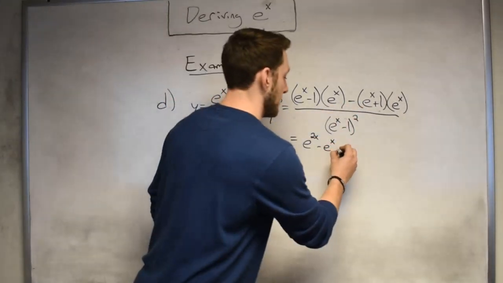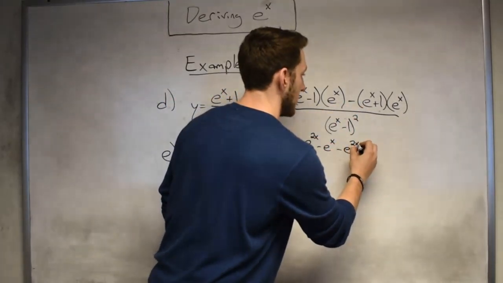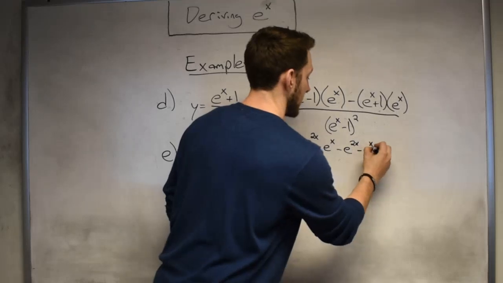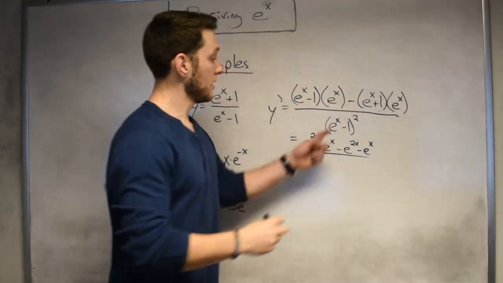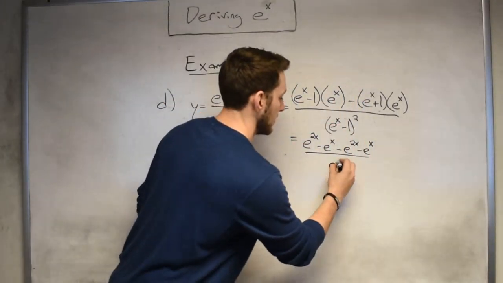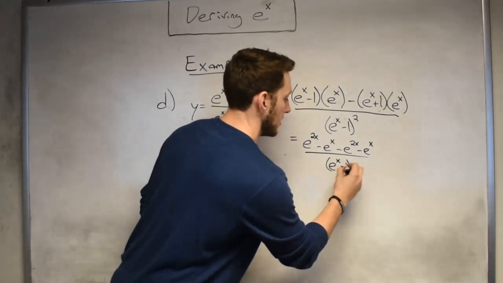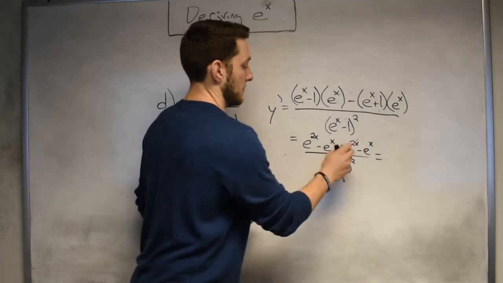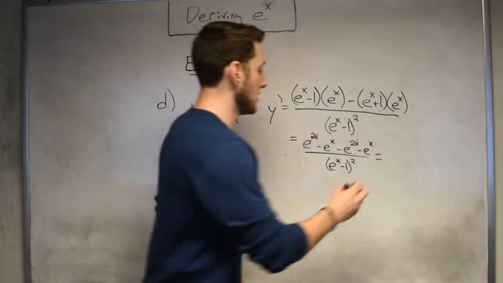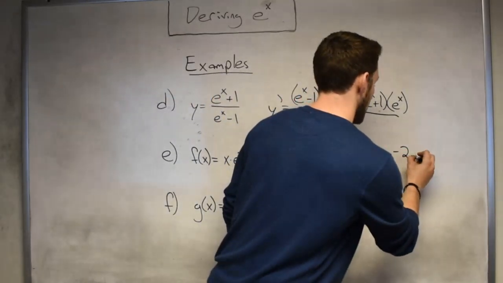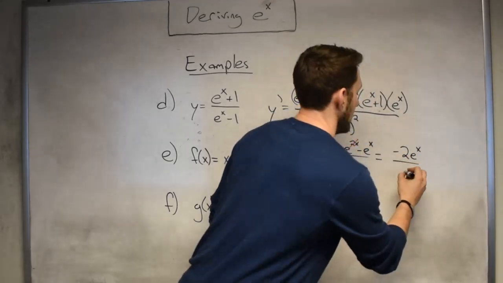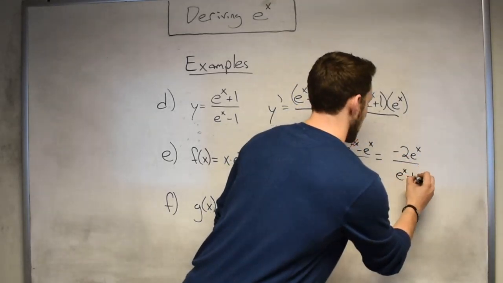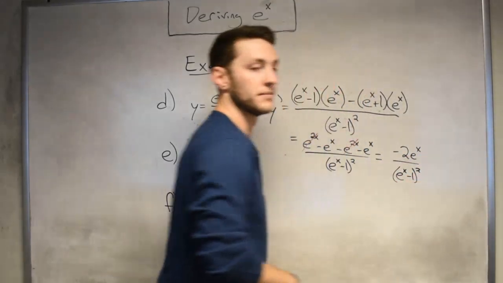Distributing in right here, we'll get minus e to the 2x, minus e to the x, all over this thing squared. You'll notice right away that these cancel, leaving me with negative 2 e to the x on top over e to the x minus 1 squared.